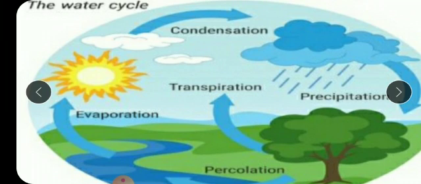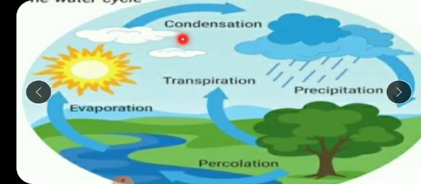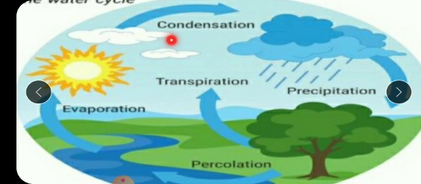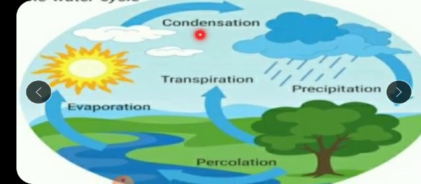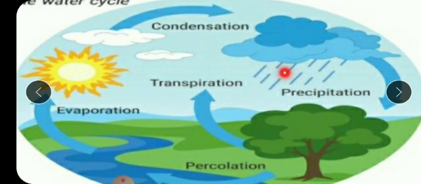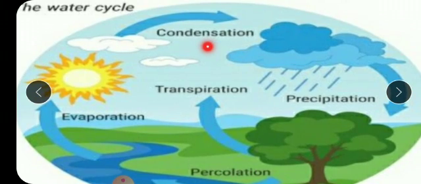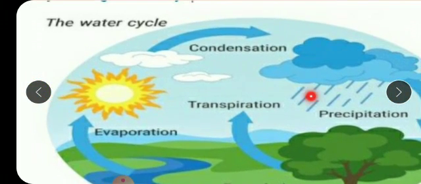Now once this water gets boiled up, it gets converted into what? Water vapor. Now this water vapor, after rising upwards, gets cooled down. So this cooling process is nothing but the condensation. Now after cooling of this water vapor, what we get is again the water in the form of rain. So evaporation is the boiling of water to get the water vapor, and condensation is cooling of water vapor to again get the water in the form of rain.